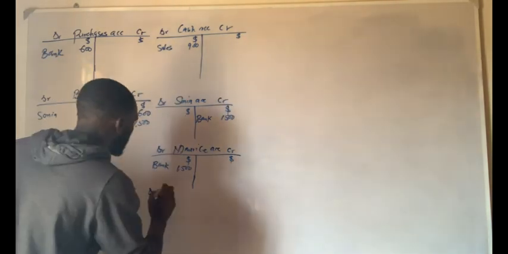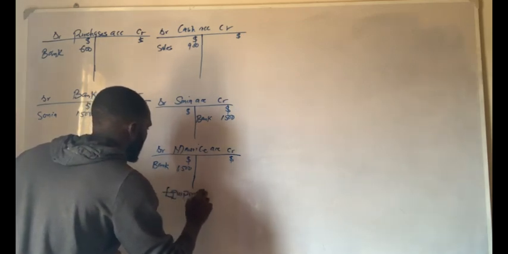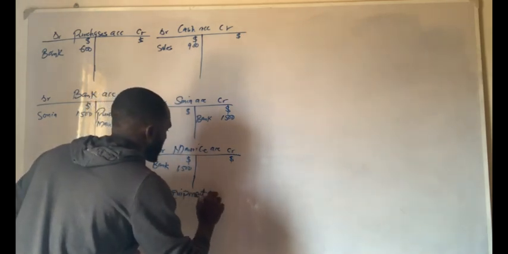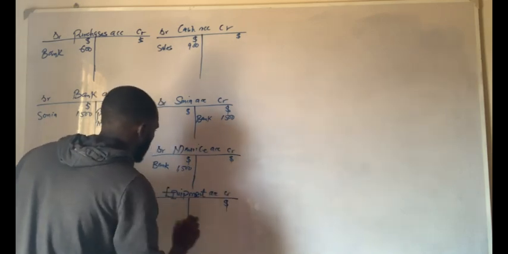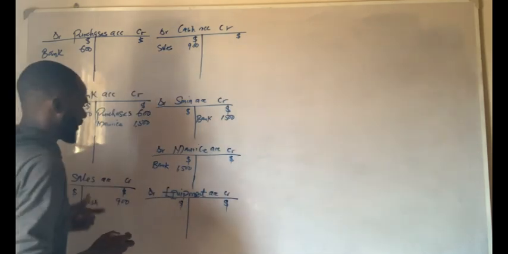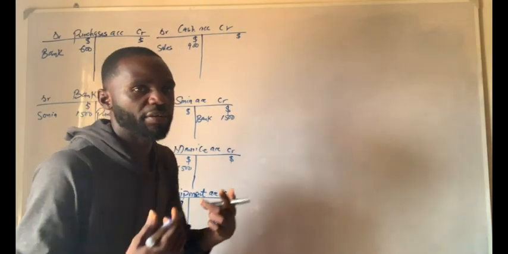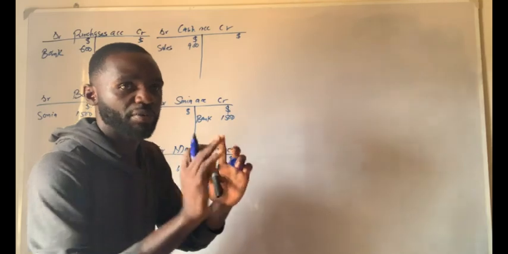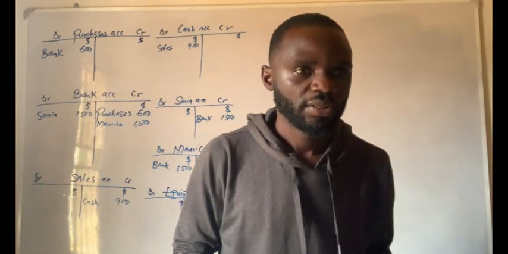So the next account I'm going to open here is the equipment account, because I already have cash accounts. So we have the equipment account, and then credits. We bought equipment. The equipment came in, but paying by what? By cash. Sorry, is it by cash?